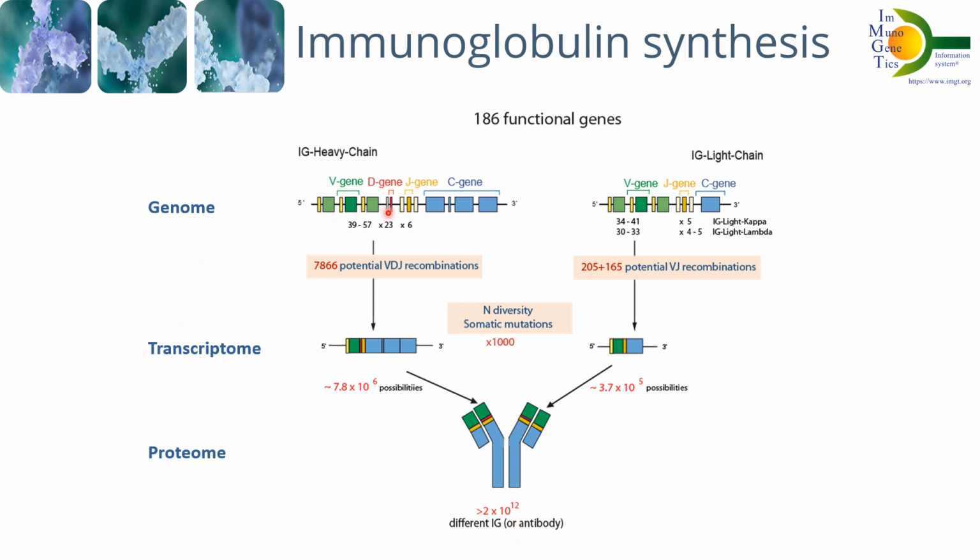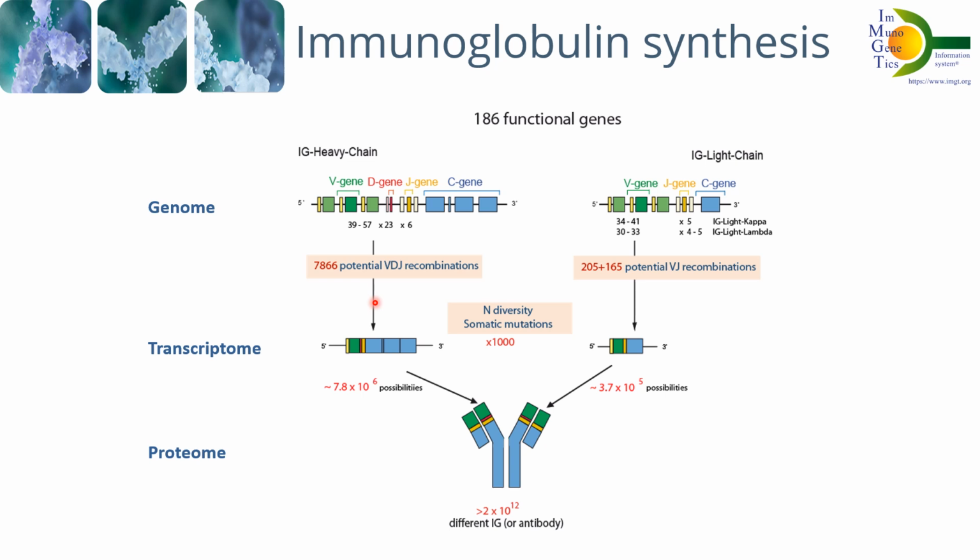The variable, diversity, and joining genes that we see here are part of multigenic families that are organized as clusters at the germline level in most species studied so far. Through a process of gene rearrangement, generally only one gene from each gene type is selected to form the final antibody structure.